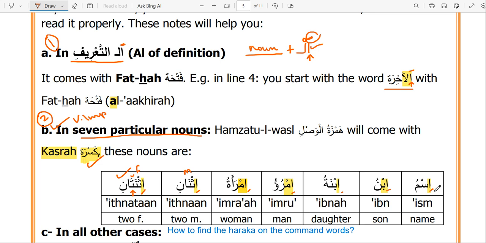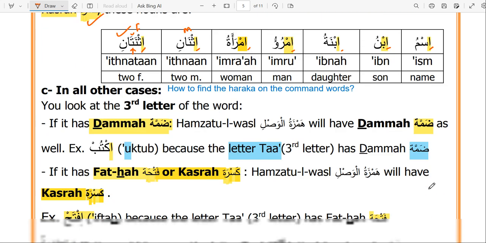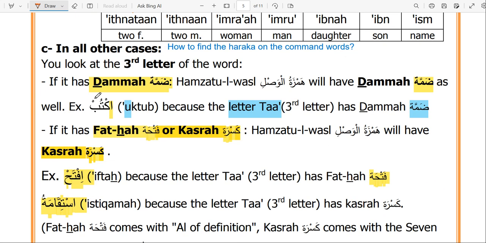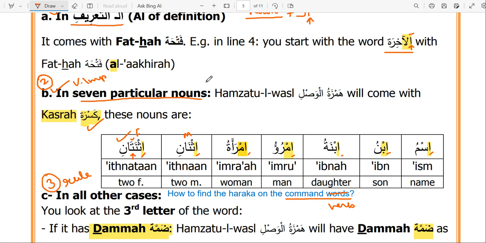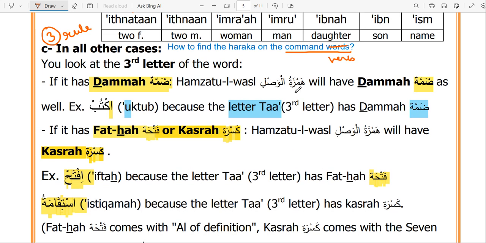And now we come to the third point, where you will find this rule applying only on the command verbs. Verbs, I should write verbs, not words. So only in command verbs this rule applies, and the first two rules apply on the nouns, and this third rule applies on the command verbs only.